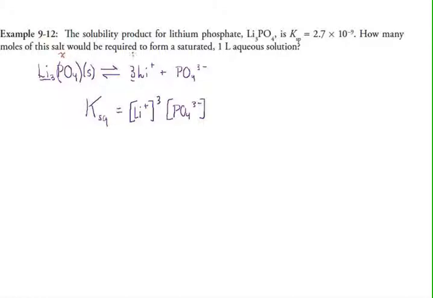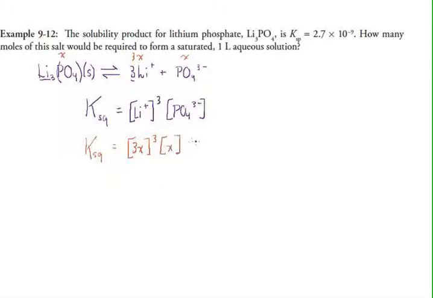Here I have 3X, and over here I have X. So now I just have to plug those back into my solubility equation. So the solubility constant is equal to 3X, remember that's my concentration for lithium, 3X cubed times X.